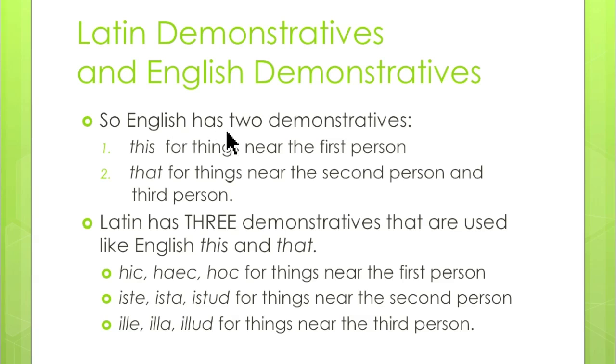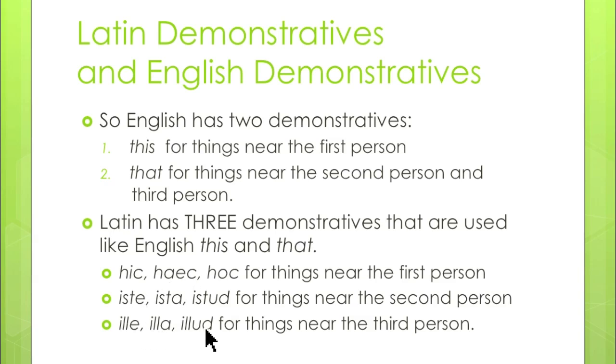So English has 2 demonstratives, this for things near the first person, that for things near the second person and third person. Latin has 3 demonstratives that are used like English this and that. Haec, haec, hoc, which we have met before in this class, is for things near the first person.